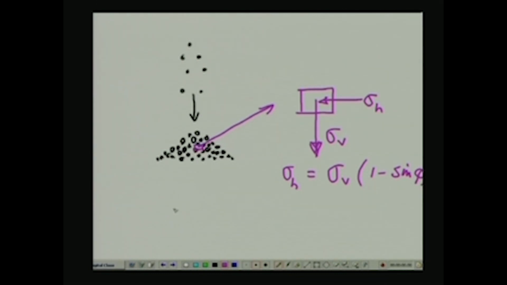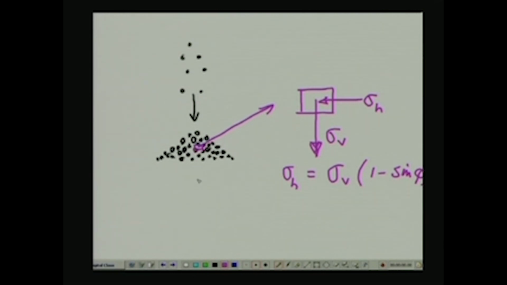Now, what is also important to notice at this stage is that the main effect that the intergranular contact is trying to resist is the weight, or the action of gravity. So, what happens in such a depositional environment is that more grain contacts develop in the vertical direction than in the horizontal direction.